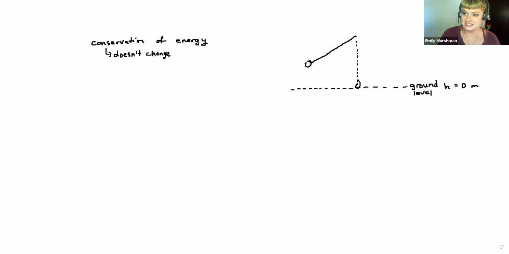At this point in the swing, the child has 0 kinetic energy. You've pulled the child back and they're not moving yet, so they don't have any energy of motion. They're just sitting there. But they do have gravitational potential energy, because they are at a height above the place where you have chosen ground level to be.